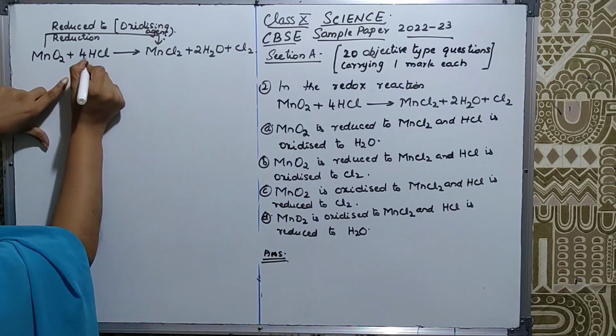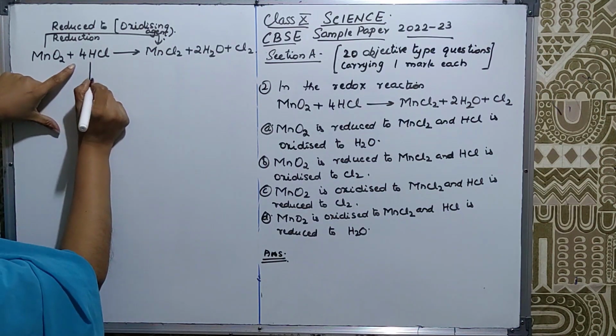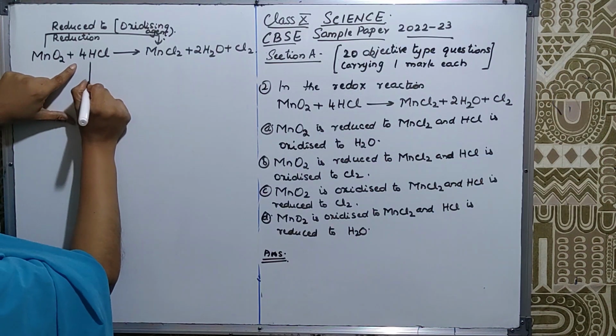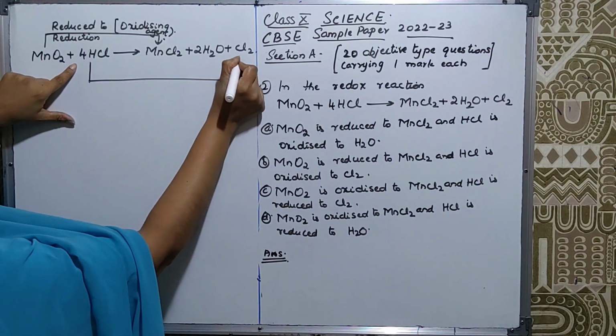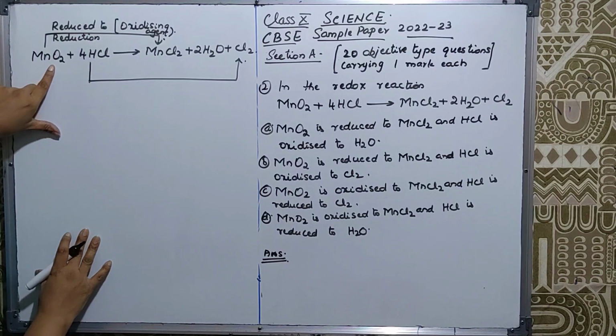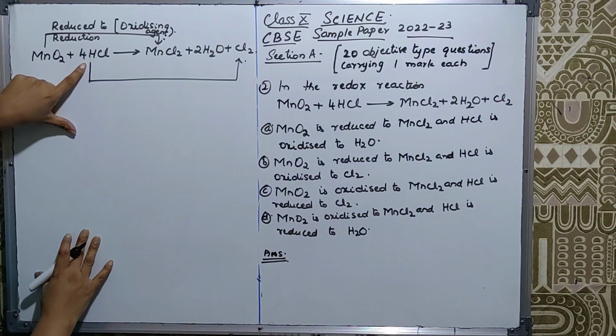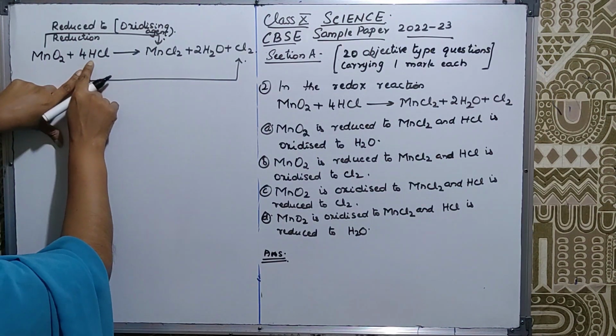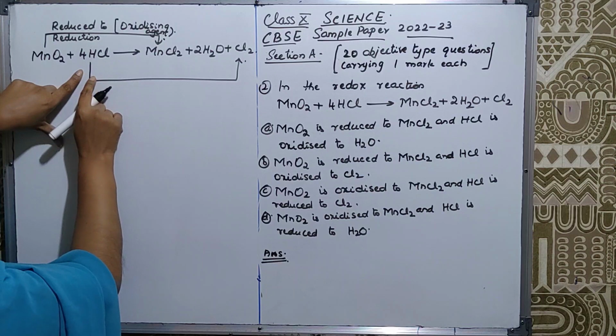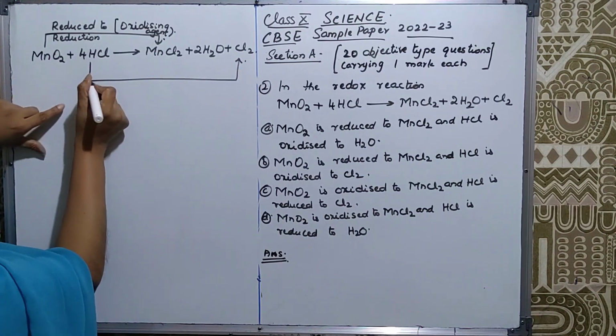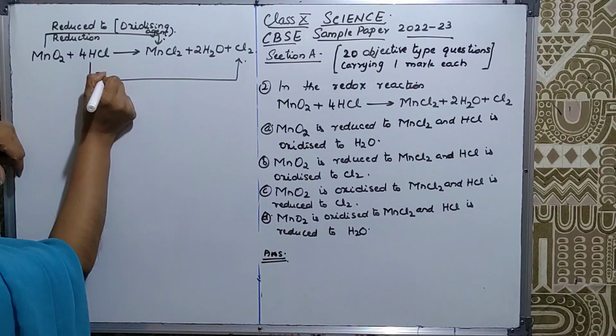Now HCl. From the HCl, hydrogen is getting removed. Addition of oxygen or removal of hydrogen is called oxidation. Since the hydrogen got removed from HCl and it changed into Cl2, the process is called oxidation.